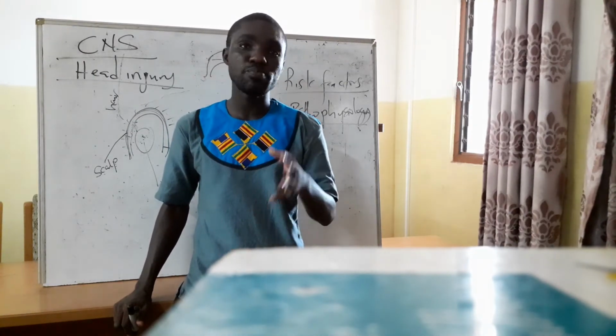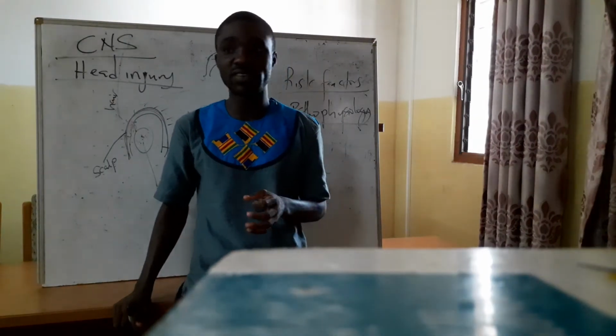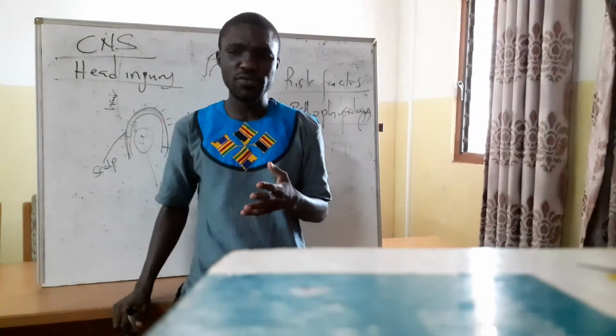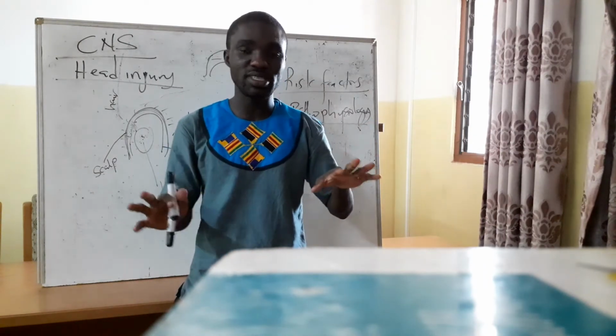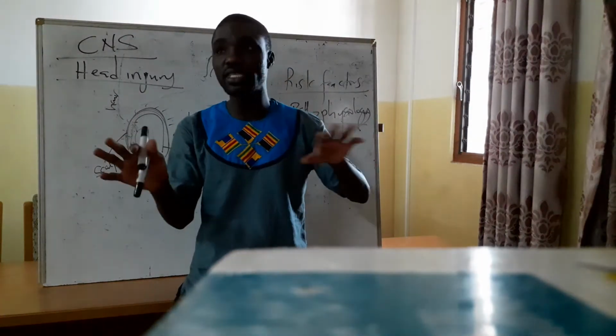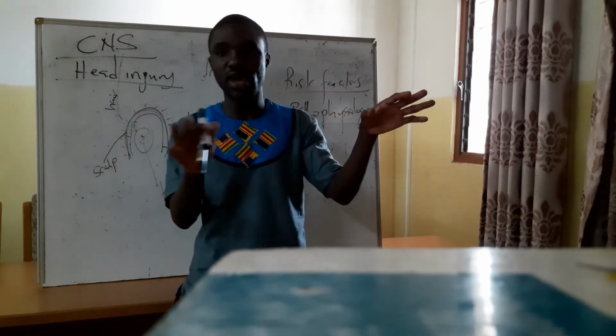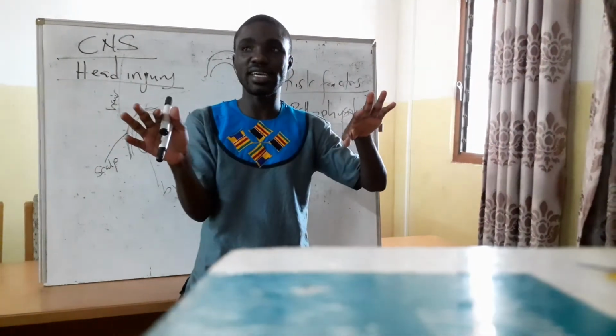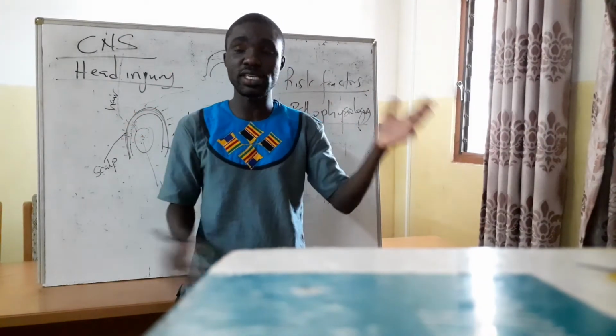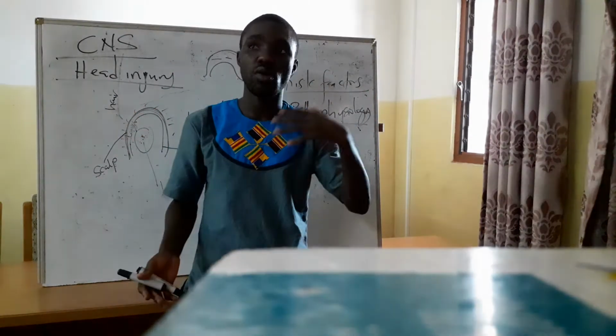And then depending on the severity of the injury, right? If it's just a knock and the blood vessels are not affected, sometimes it's only the brain that moves, right? So the brain moves within the skull, right? And that can cause what you call either concussion or contusion.